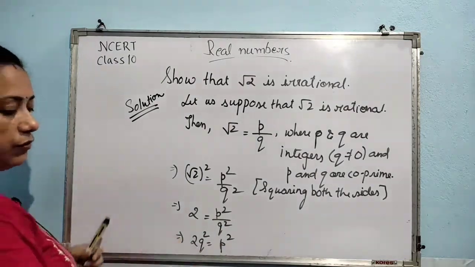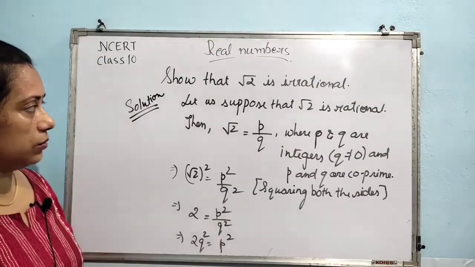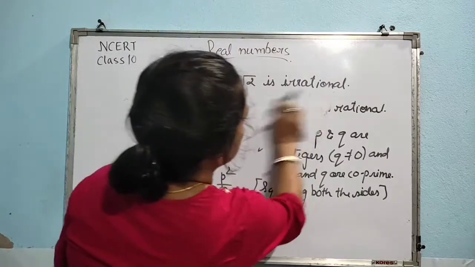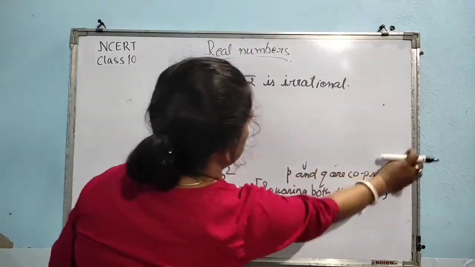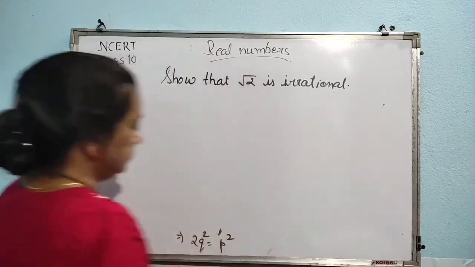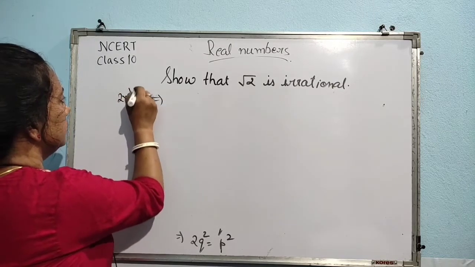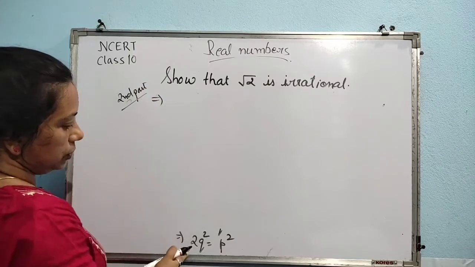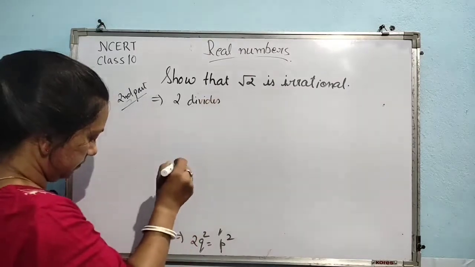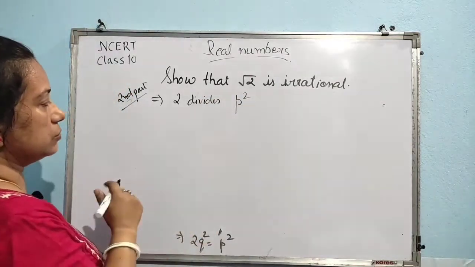So the next step, you can pause the video and write it down. What is the next step? This is our second part. So 2 divides p square.